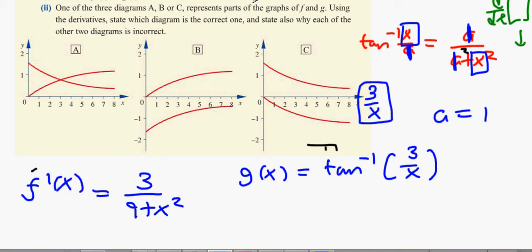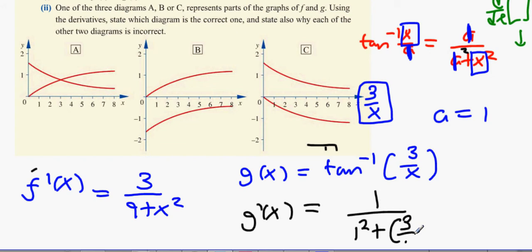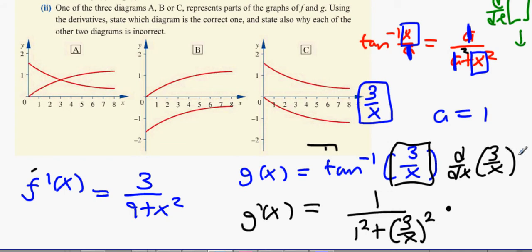So what we're going to get is g dash x is equal to a, which is 1, over a squared, which is 1 squared, over the box squared. And then we differentiate what's in the box. So the d dx of 3 over x, which is basically 3x to the minus 1.